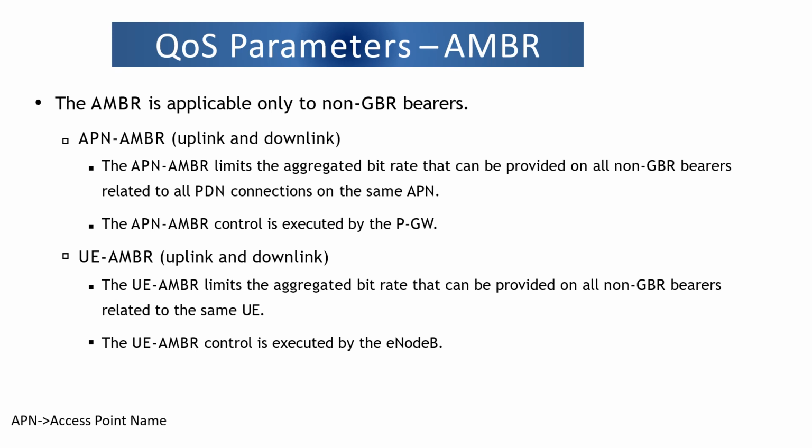The APN AMBR limits the aggregate bit rate that can be provided on all non-GBR bearers related to all PDN connections on the same APN.